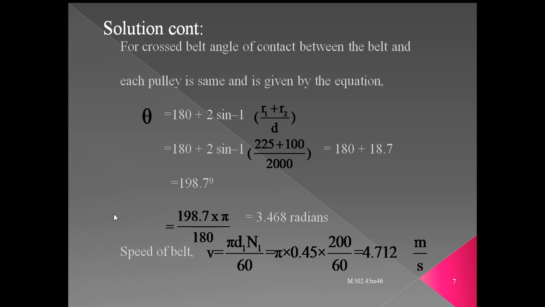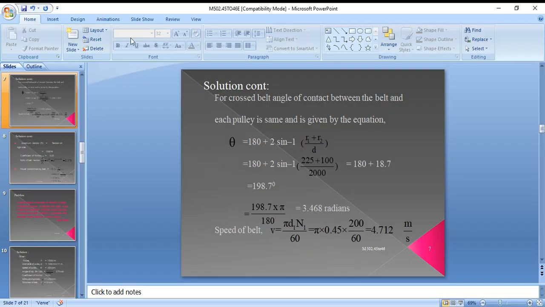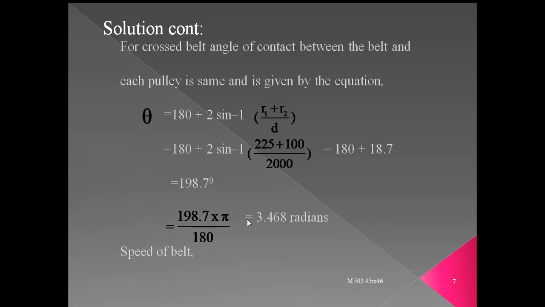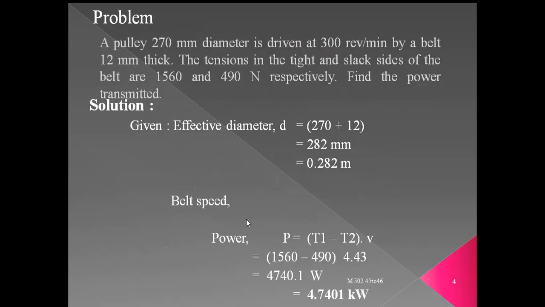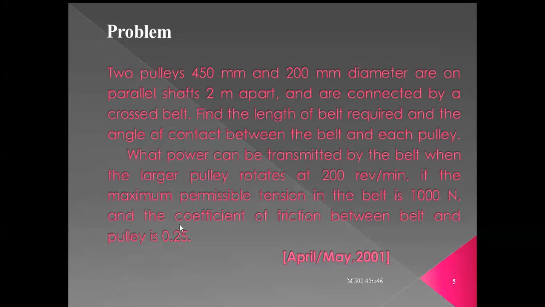Speed of belt V equal to pi D1 N1 by 60. Here the larger pulley rotates at 200 rpm, so N1 is given.